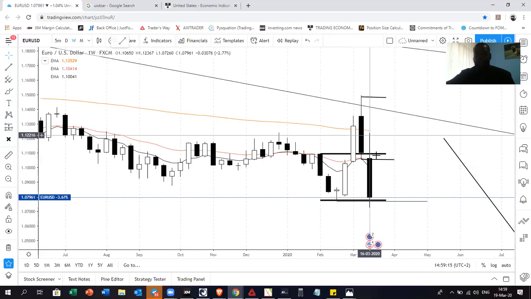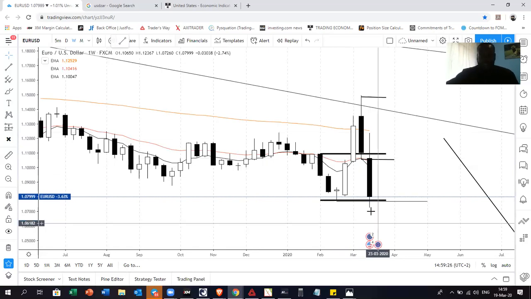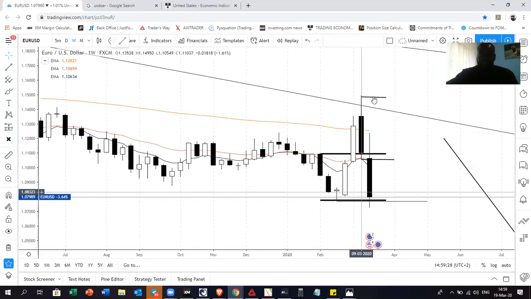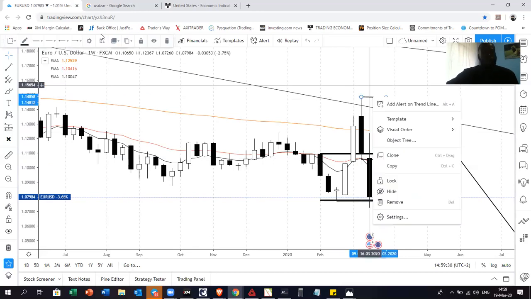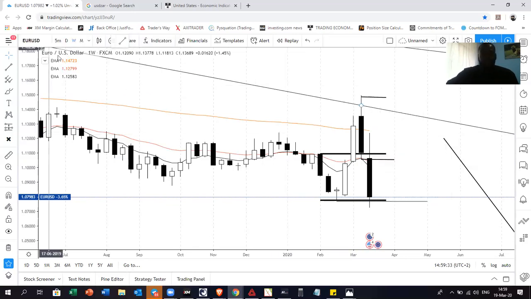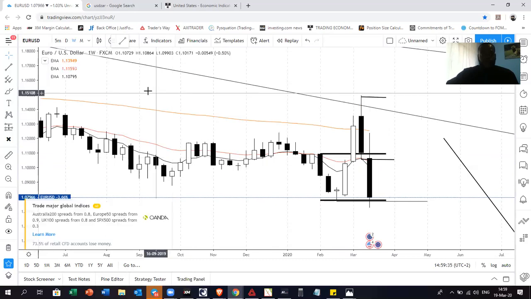Price started off here by last week's low. It came back up to about 1.1244. And then it just sliced through, man. This is this week, right? So last week's low, right? Sweet, man. So now we come down to the daily.